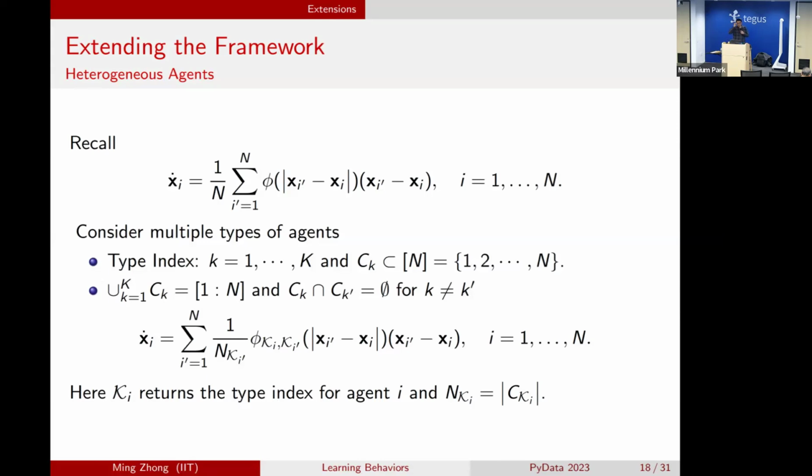For example, if I have two types, type 1 a leader and type 2 a follower, then an agent in the leader group has a different interaction on the follower group than from itself onto the leader group. So you will have different phis based not only on pairwise distance, but also on type-to-type interactions. If you have two types, you end up with 2 squared, 4 different interactions.